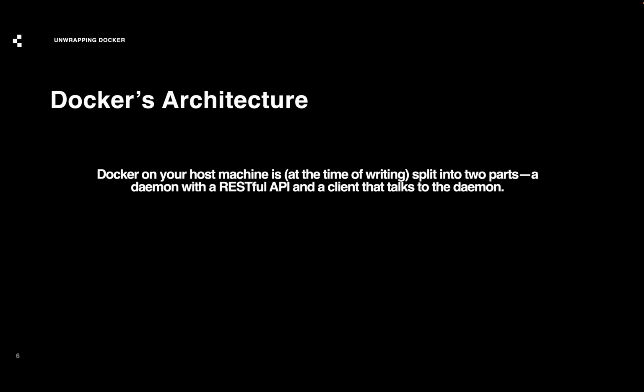And whenever you interact with your Docker host with the Docker CLI tool, like if you execute docker ps, that means you are interacting with a web server that exposes a RESTful API. So all in all, Docker architecture is a client-server model. The daemon is the server and the CLI tool is your client.